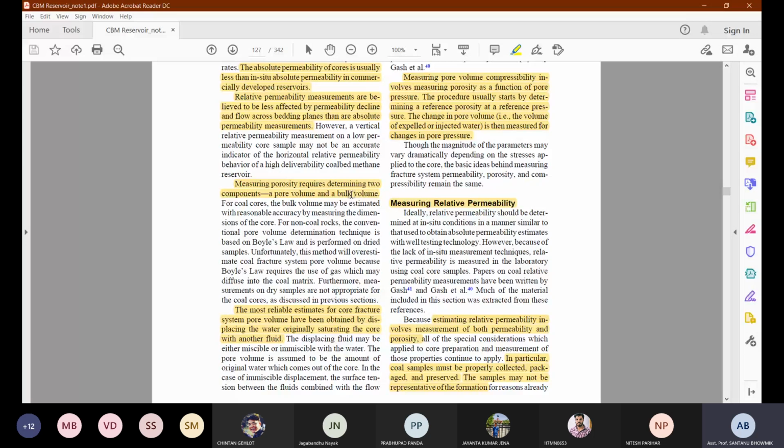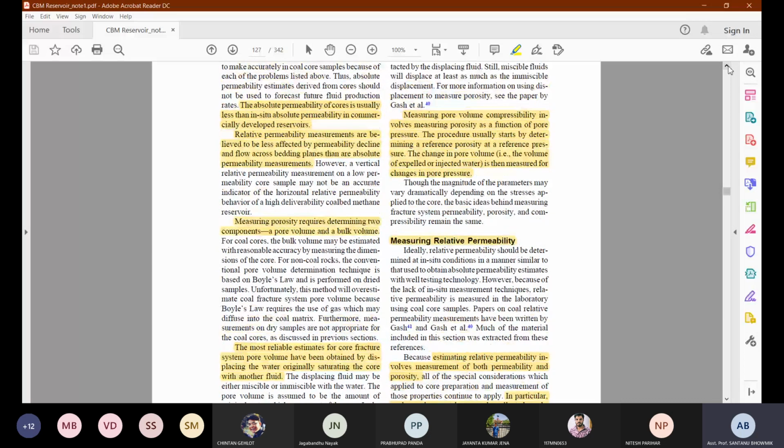But then there comes another concept. If you read this, I have also highlighted some sections. The concept is restricted by the introduction of miscible and immiscible fluids. Earlier you saw the mobile fluid and the immobile fluid, which cannot transfer.